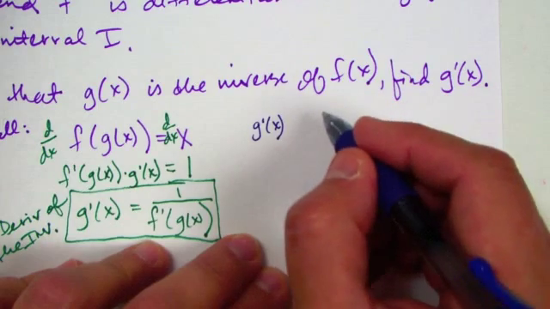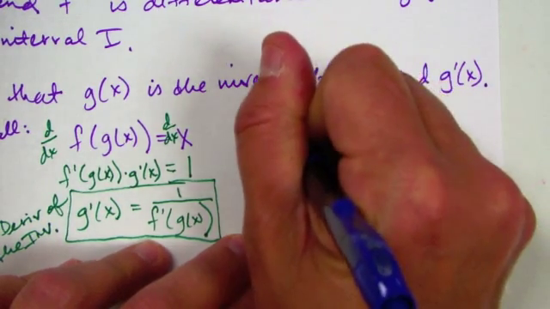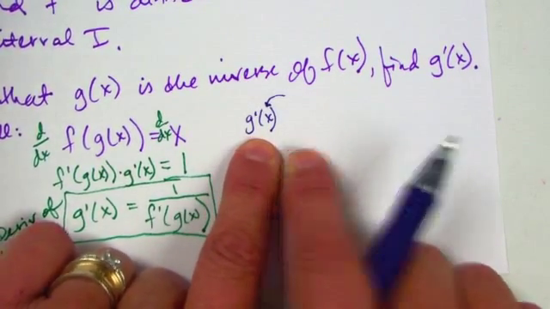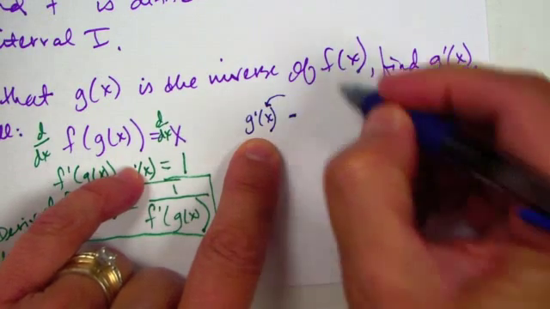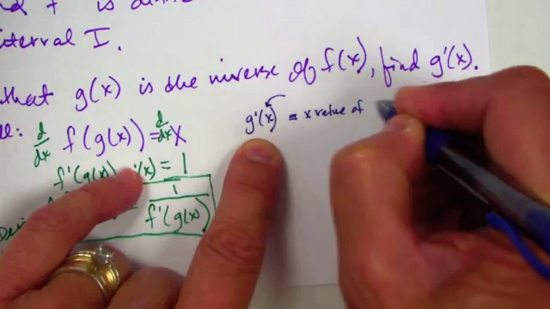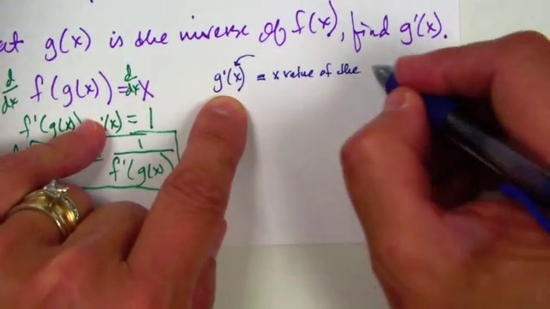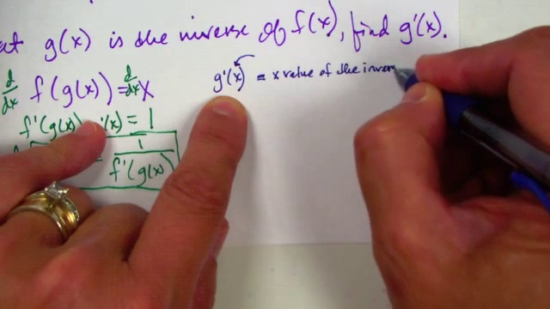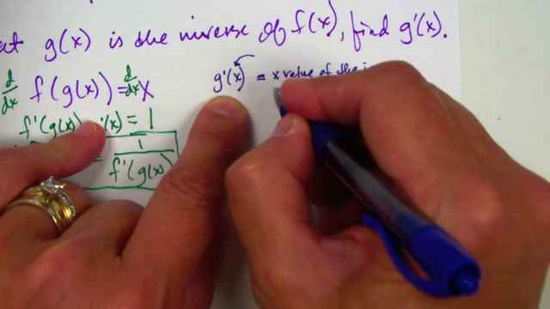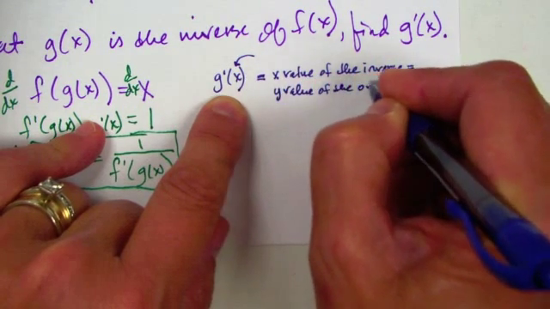That x right there is the x value of the inverse, which means it's also the y value of the original.